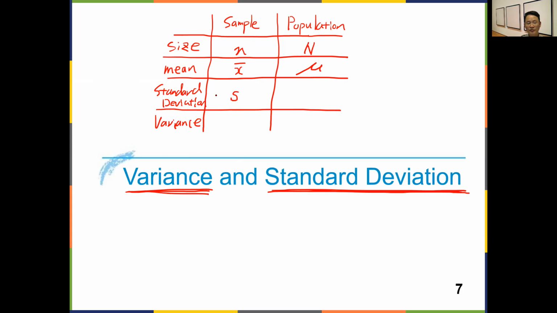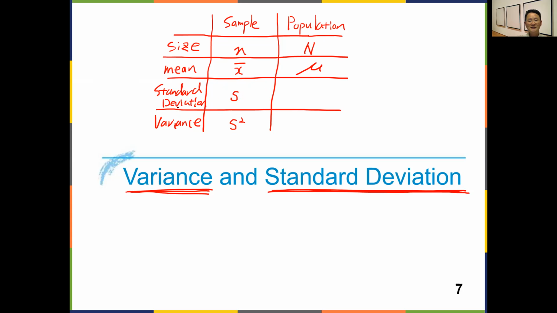For sample variance, we use lowercase s with the square. So you can see the difference between the standard deviation and the variance is without the square, and with the square. That's the sample standard deviation and variance.